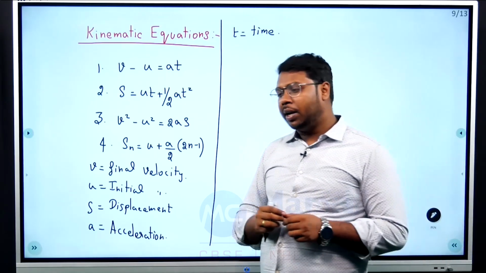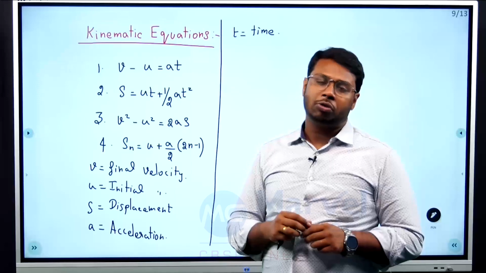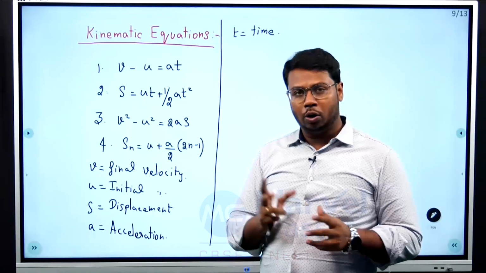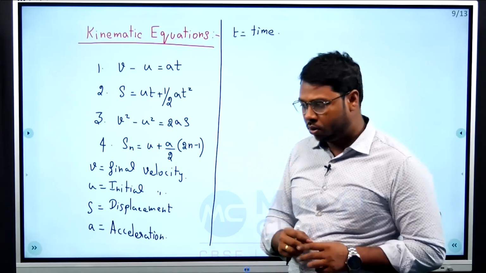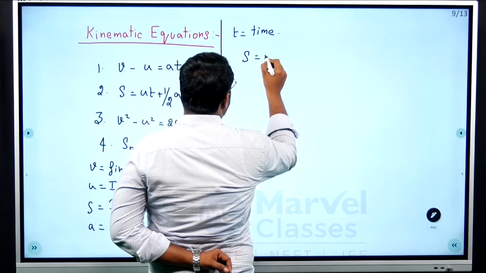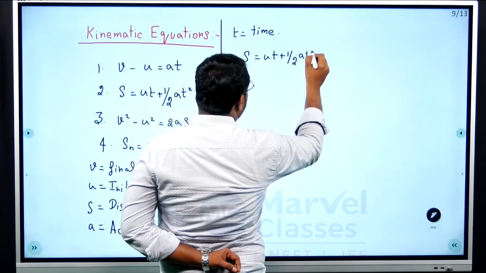But in many textbooks, they have failed to show you the limitations of the kinematic equations, so most students go wrong while doing some numerical problems. Now listen, I am going to take the equation S is equal to ut plus half into AT squared.